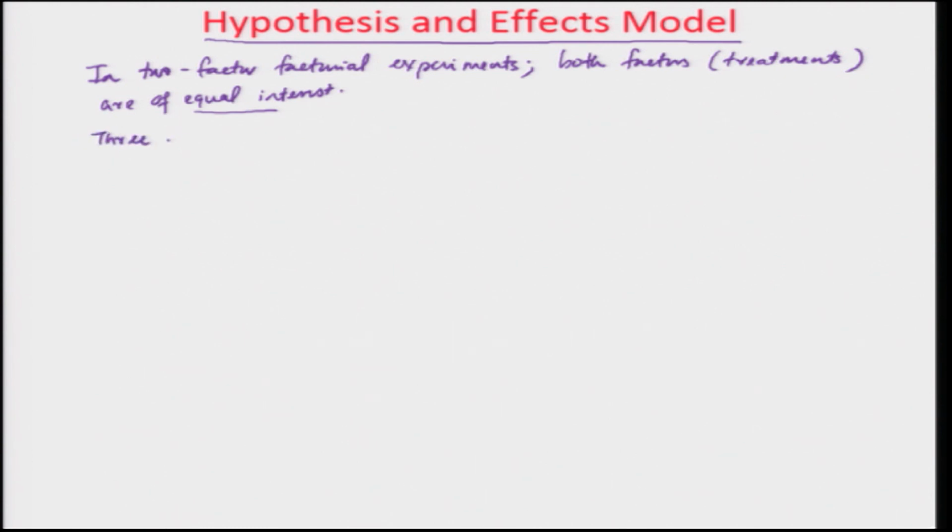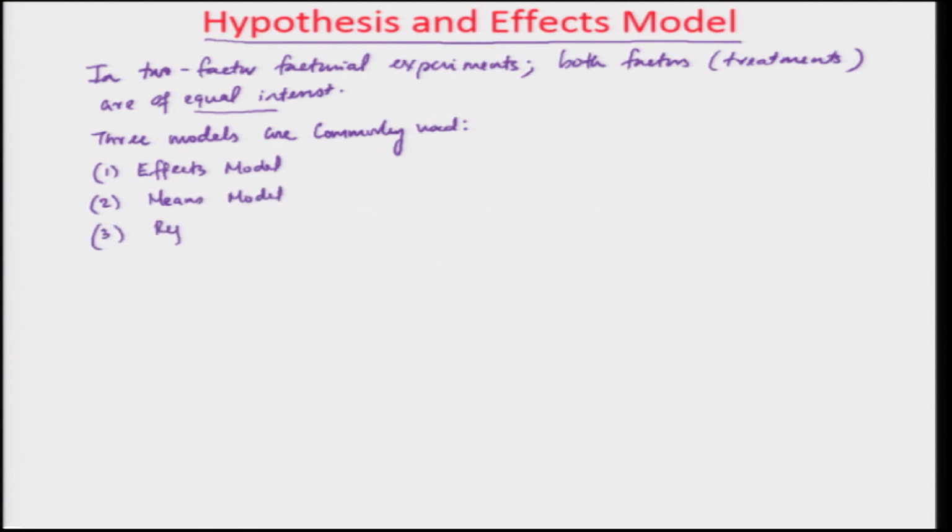Three models are commonly used. People use three models. Number one, the effects model. Number two is the means model. And number three, the regression model. Okay. All three models are used.